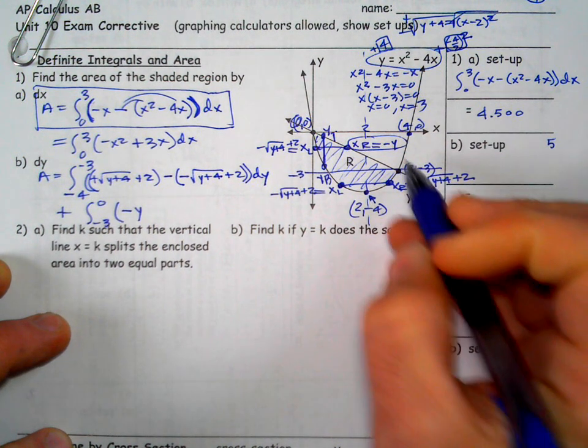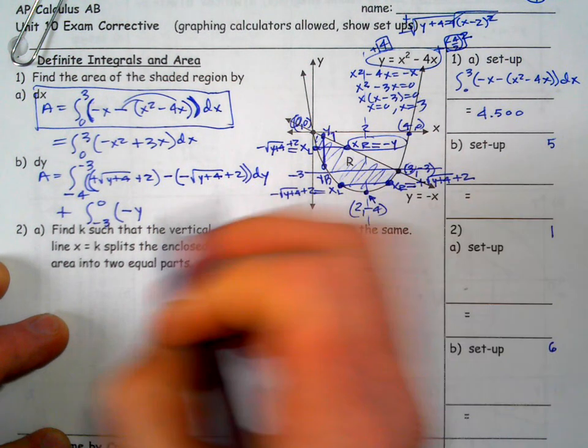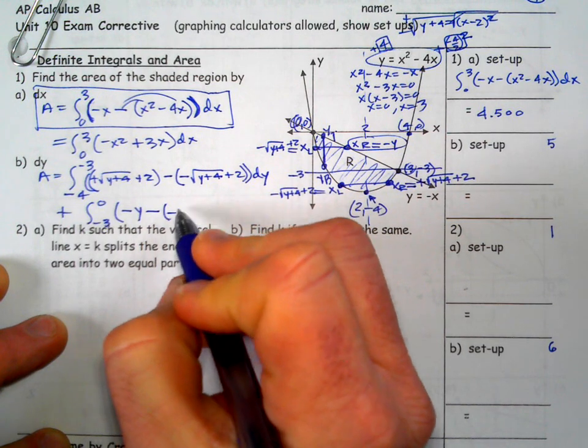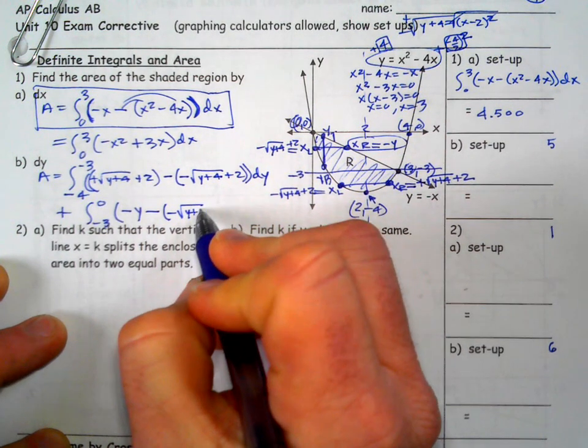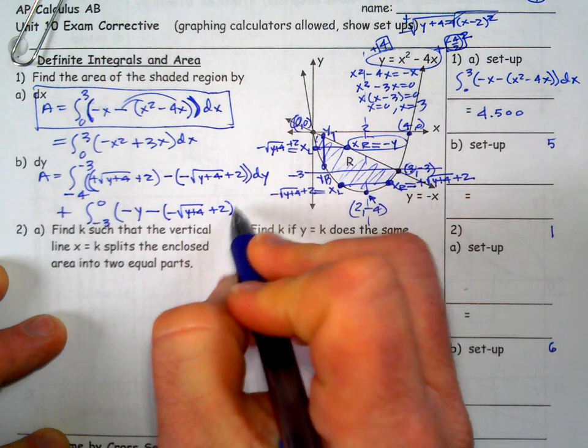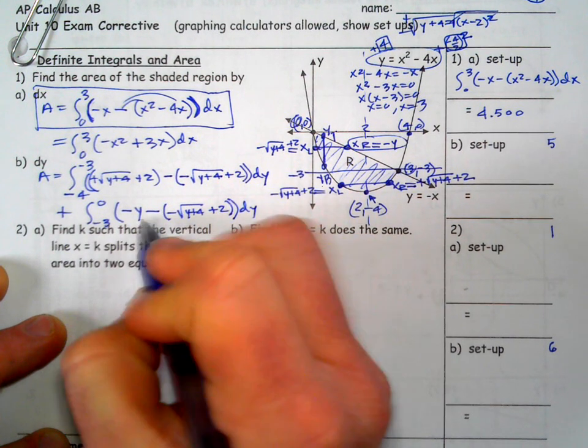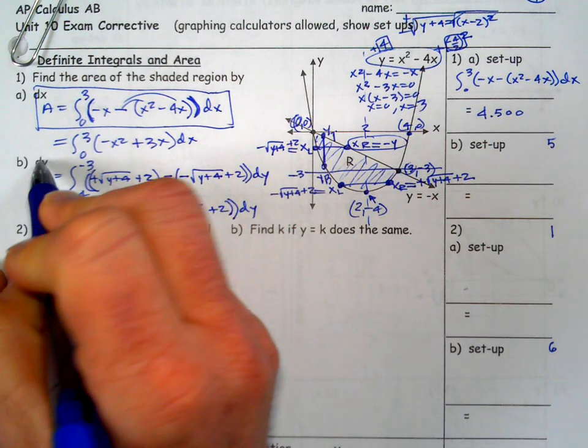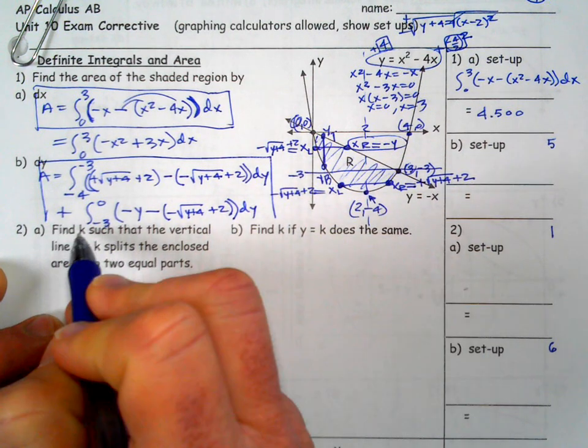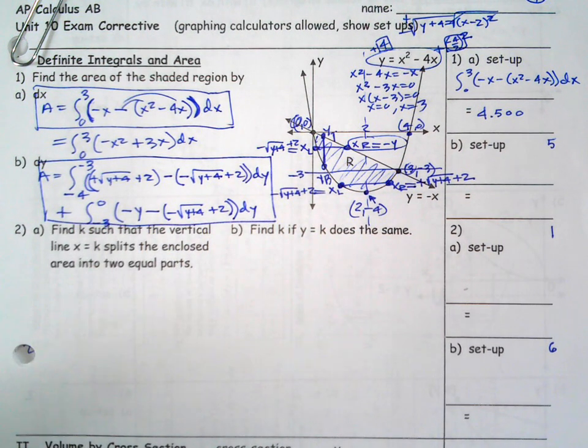And then the next part, x right is negative y, and x left is negative square root of y plus 4 plus 2. You got to put parentheses around it, or at least distribute that negative. This would be fine for the setup for me. You could clean it up if you want.